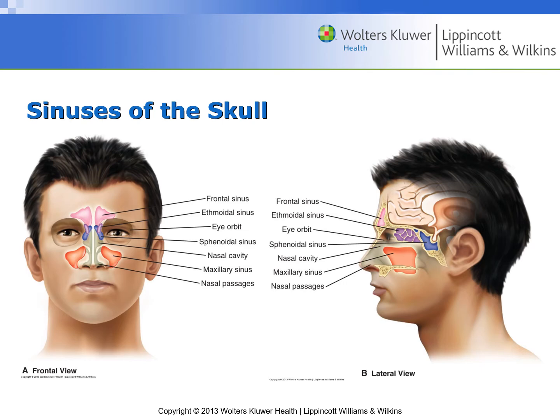Sinuses are air-filled cavities within certain cranial as well as facial bones. In illustration A, we see the frontal view of the frontal sinus, the ethmoidal sinus, and the sphenoid sinus. In the lateral view, illustration B, we also see the frontal sinus, the ethmoidal sinus, and the sphenoidal sinus.